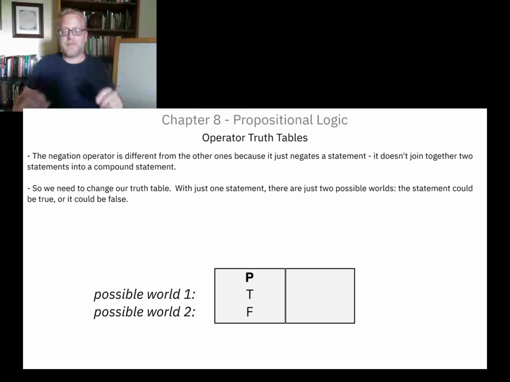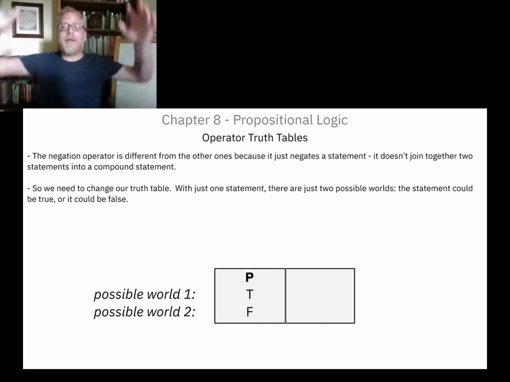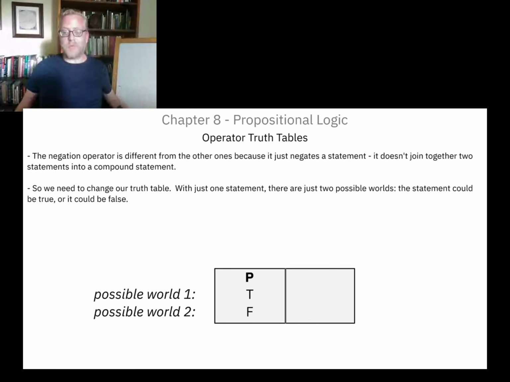It could be true or false. If there's two statements, P and Q, there's 4 worlds. They could both be true, they could take turns in world 2 and 3, and then in world 4, they're both false. If we have 3 statements, P, Q, and R, then suddenly we have 8 different possible worlds. If we have 4 statements, then suddenly we have 16 possible worlds.